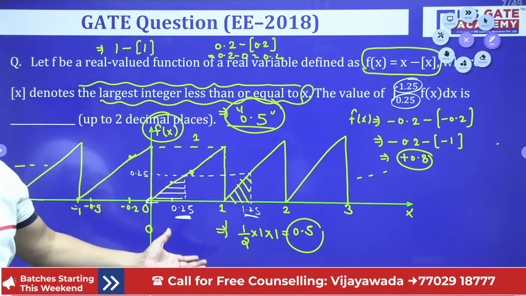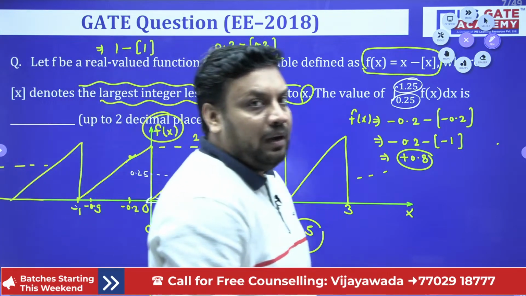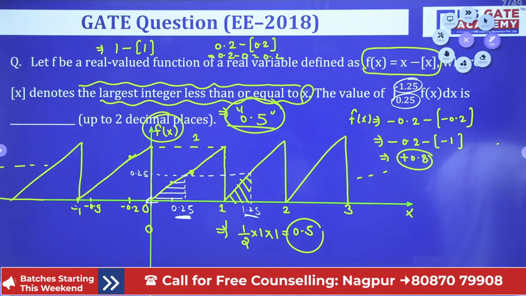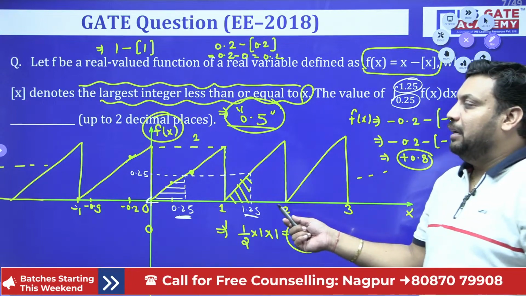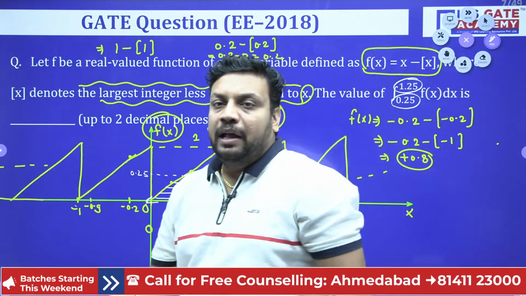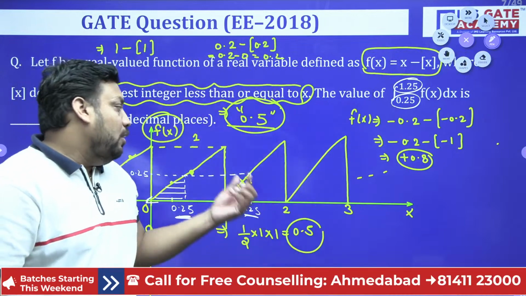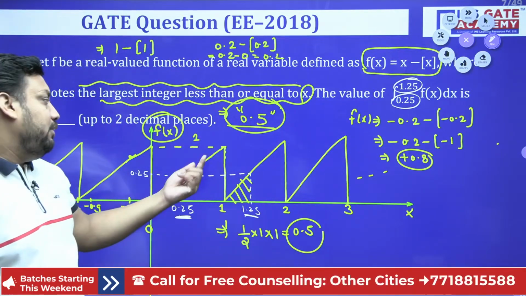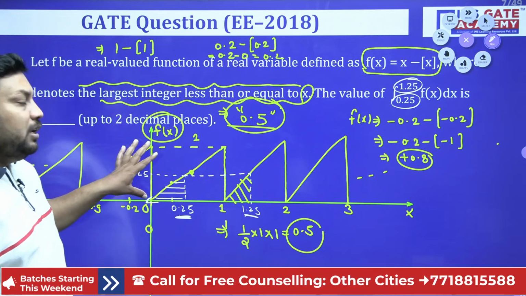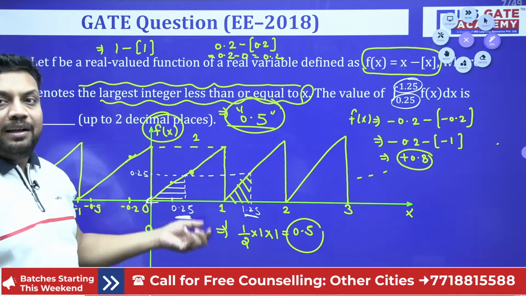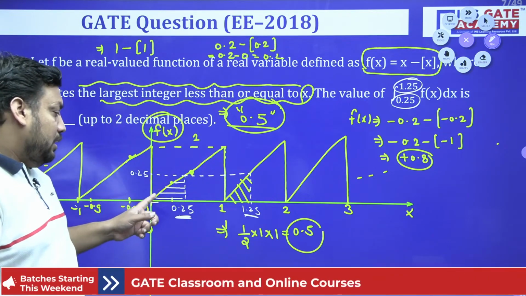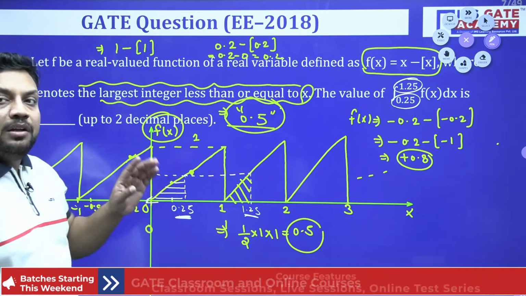So this is reasoning, the aptitude part. How can you solve this question? Many students, after making the curve, simply integrate, and to integrate you have to write the line equation. The line equation is very simple here: slope is difference in y upon difference in x, and since it intersects at 0, it is just x.